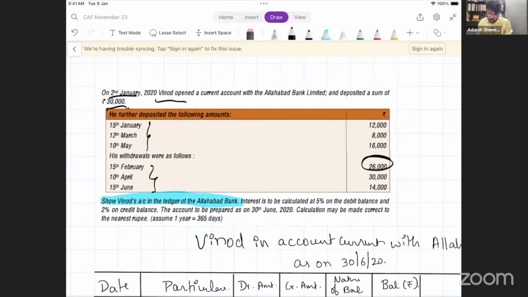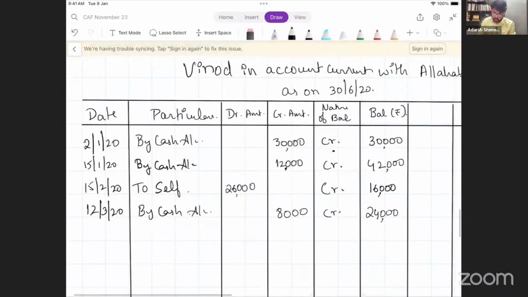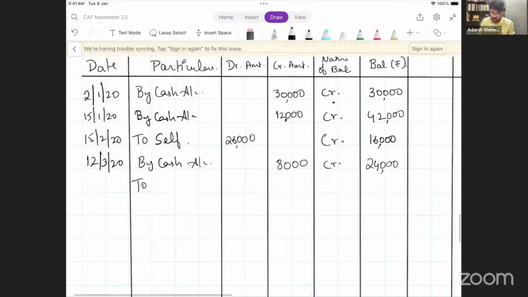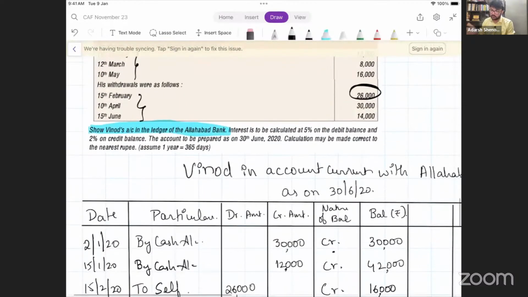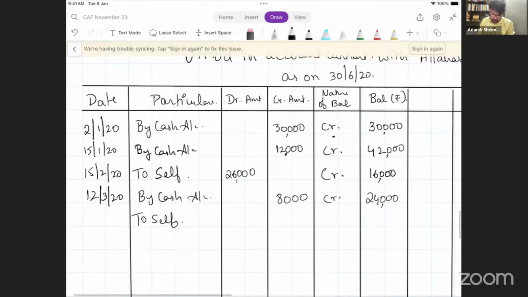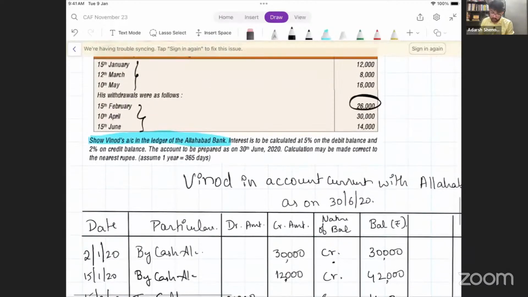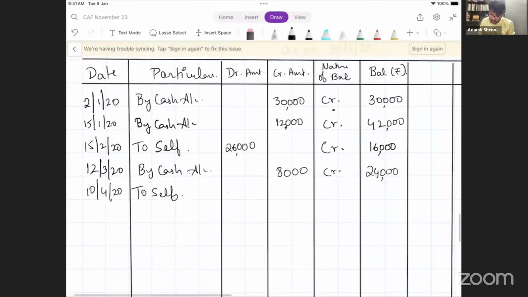10th April, withdrawal. So the entry is Vinod's account debit to cash account. Again, I'll not write to cash, I'll write to self. He's withdrawing, so I'm going to debit his account, on 10th April, 30,000. Opening balance was 24,000 credit balance.